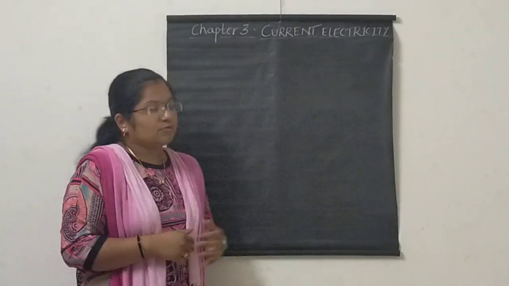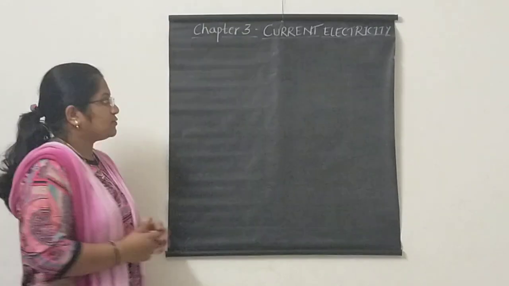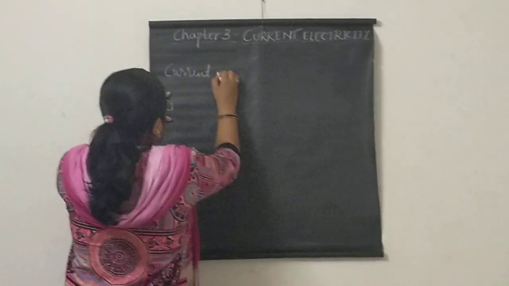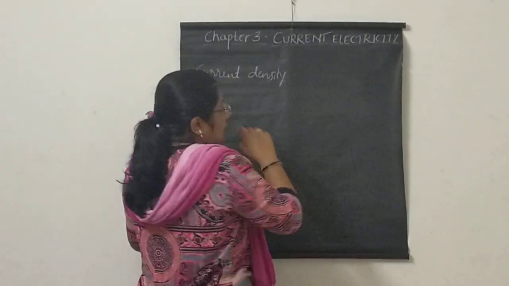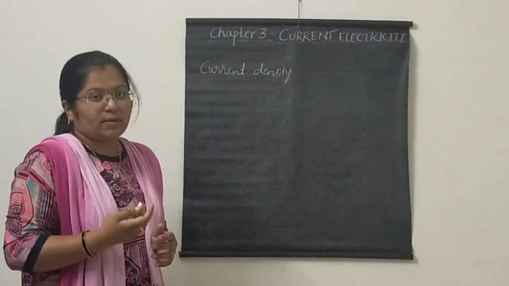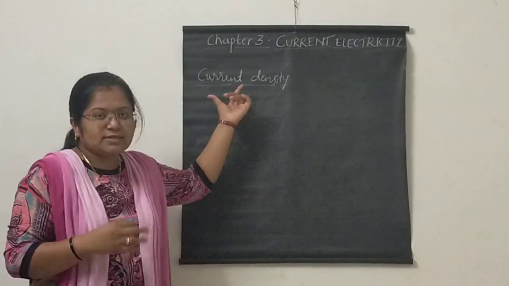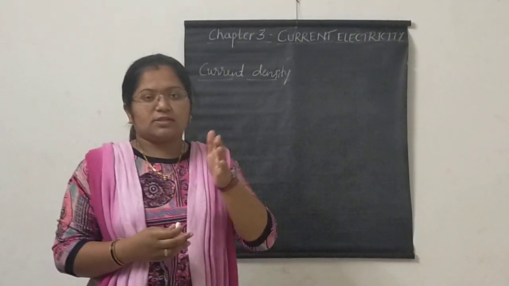In today's video, I'll start with 3 important definitions. I'll start with current density, conductance and conductivity. Let's go one by one. Current density: the word current is familiar to you. Just consider one conductor.